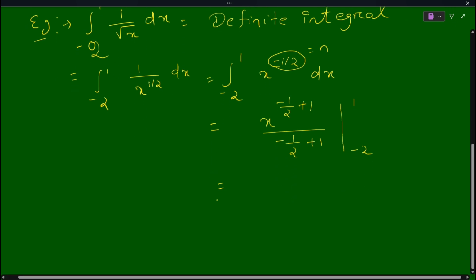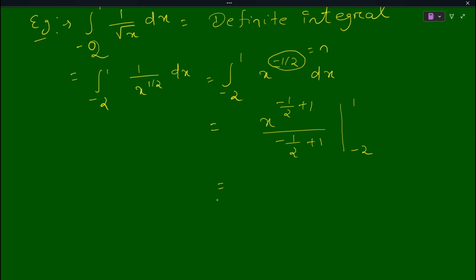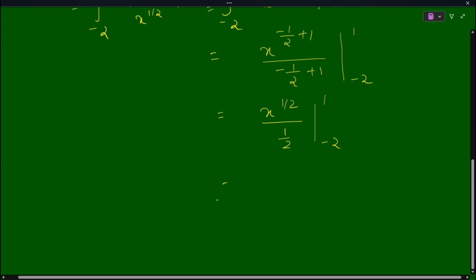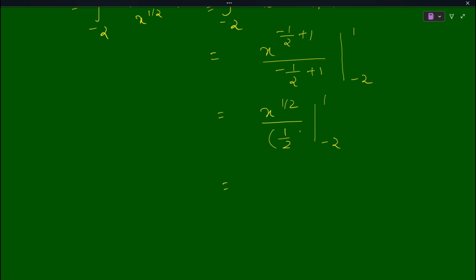It is x to the power minus half plus 1, which would be half, and here this value is half. Now while applying the limit to the x value, this half is a constant, so it will go outside. So it is in this form, so it will be converted to this, and now this x to the power half is having the limits minus 2 to 1.